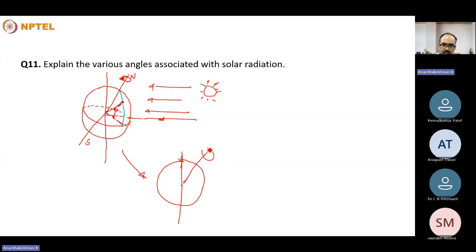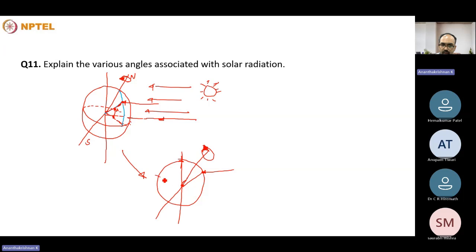This is the anti-clockwise direction, and there is this particular location where the sunrays fall.